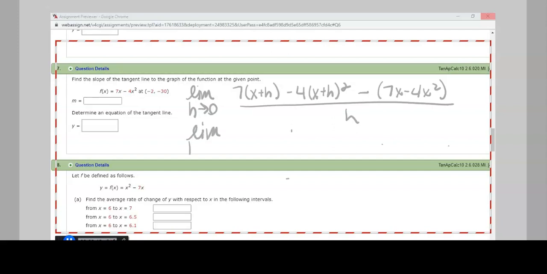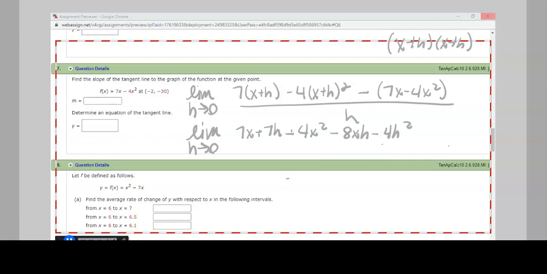So we've got the limit as h approaches 0 of 7x plus 7h. And then remember that this is x plus h times x plus h, which is going to give us x squared plus 2xh plus h squared, but I'm going to distribute the negative 4. So that gives me a negative 4x squared, a negative 8xh, and a negative 4h squared.